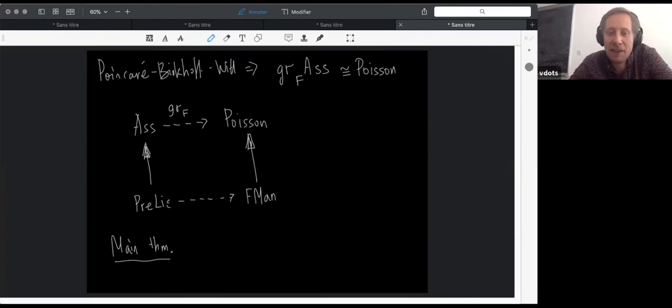So it turns out that the associated graded operad is precisely the F-manifold operad.